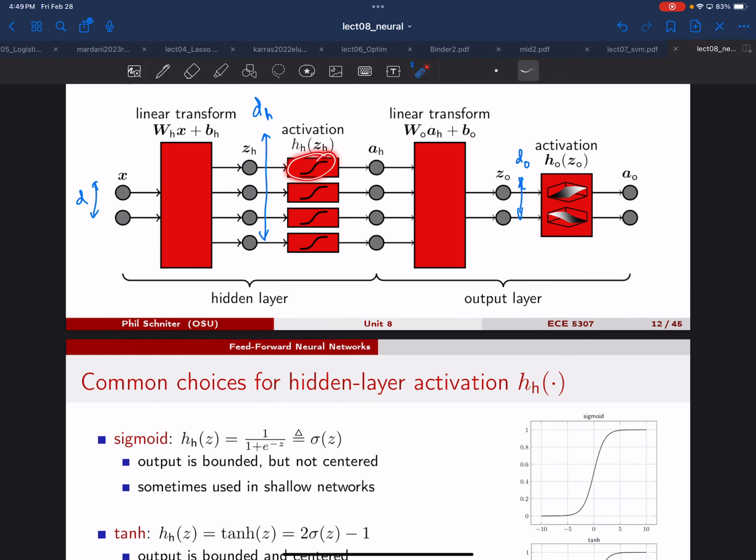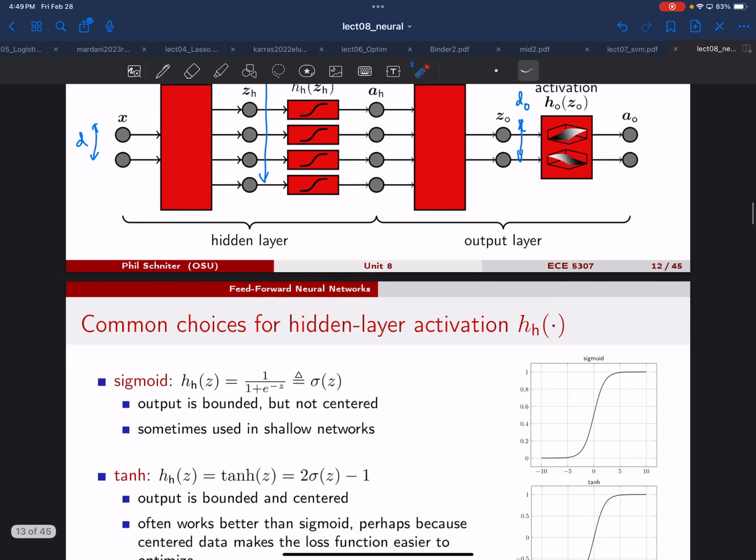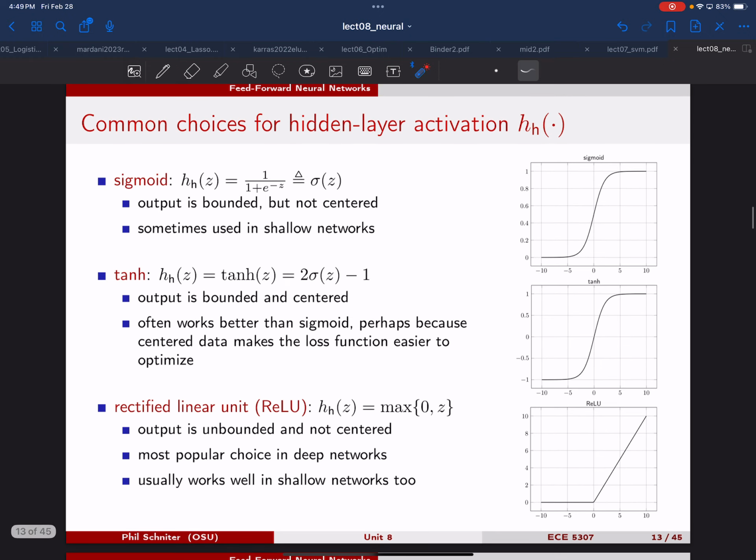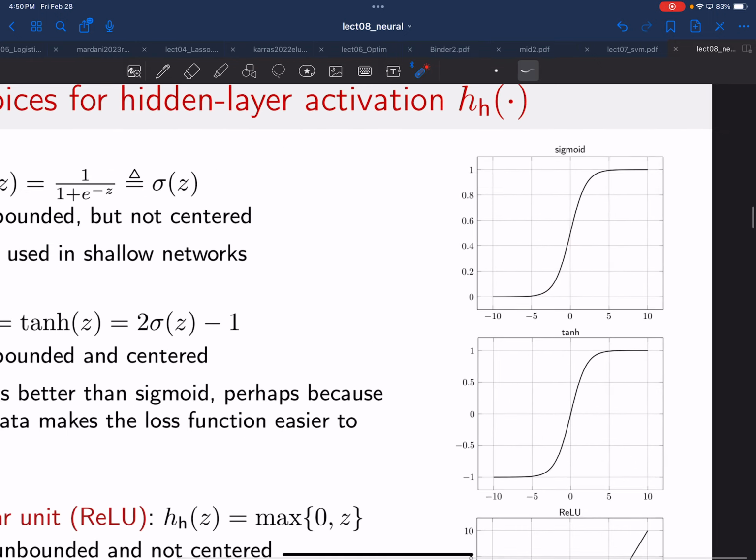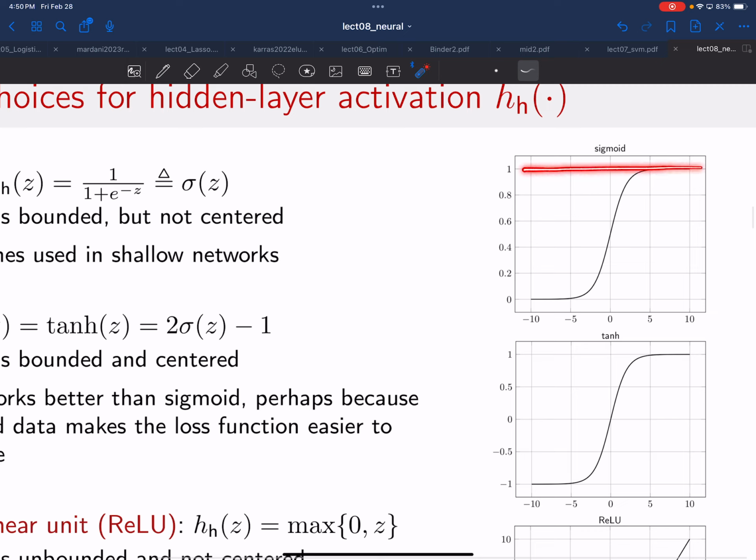So let's talk about this hidden layer activation function. So these things here. Typically, you choose the same one to use in all those places. The one we've talked about so far is the sigmoid. As we know, that has a function 1 over 1 plus e to the minus z. And it looks like this. And if you look closely, 1 is the maximum output and 0 is the minimum. And the transition here is when the input is 0, it's 1/2.